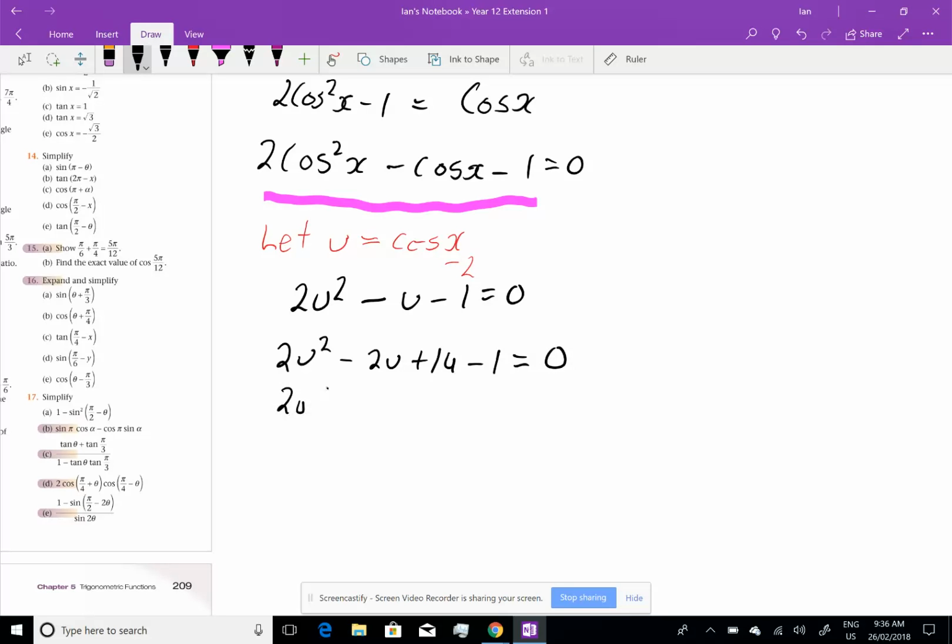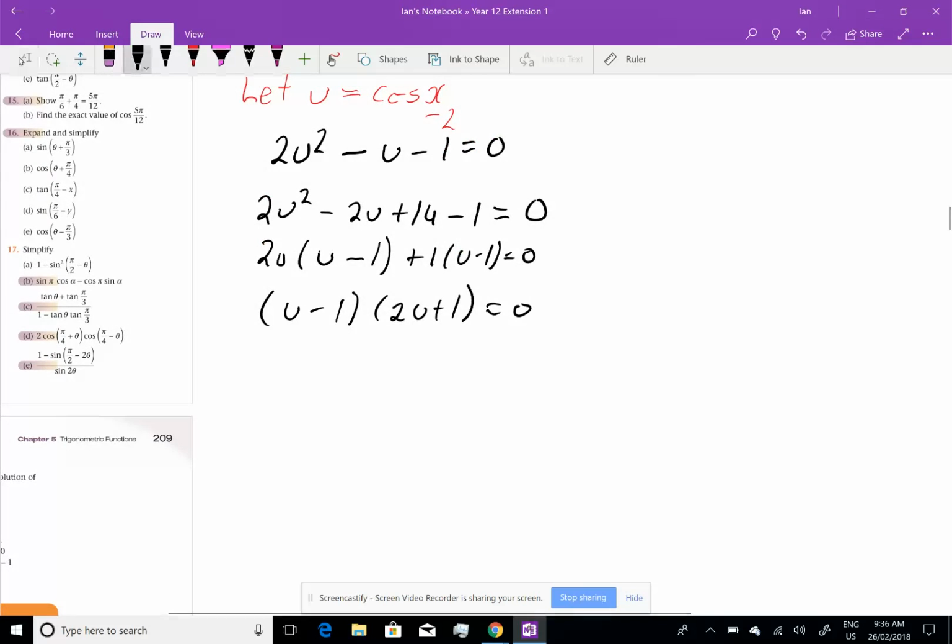I'll factorise that first one, I'll get 2u times u minus 1. And here I've got plus 1 outside of u minus 1, which gives me u minus 1 times 2u plus 1.